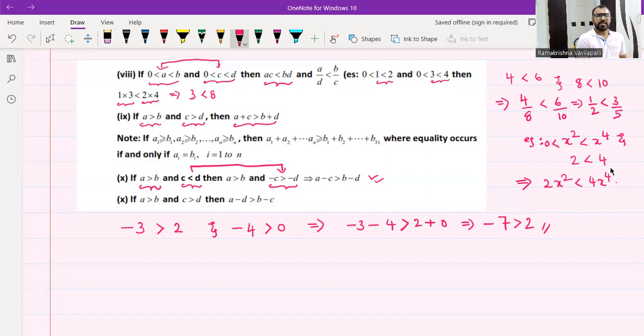Or you see, here A is greater than B, and C is greater than D, right?